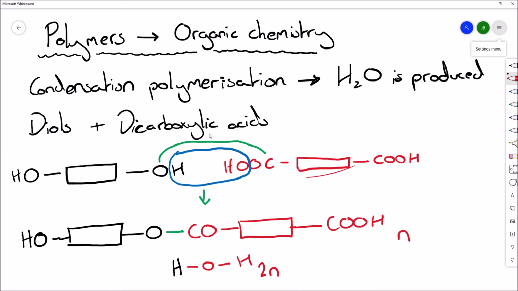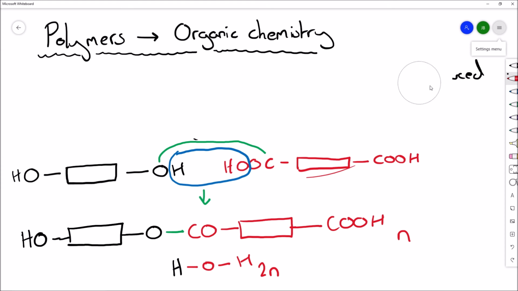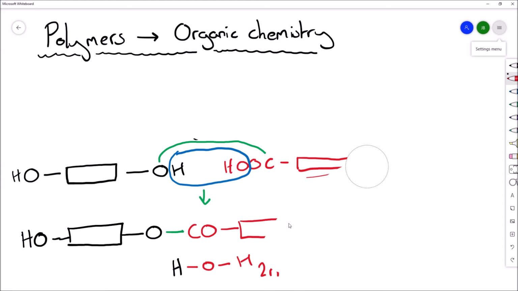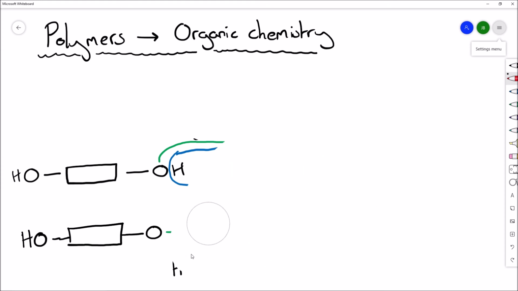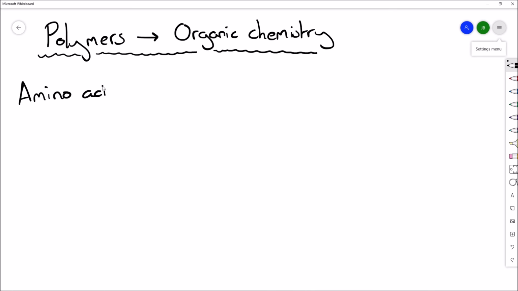Right, and finally, let's talk a little bit about natural polymers. So, natural polymers. We have got amino acids. They are our monomers. And when they join together, they make proteins.